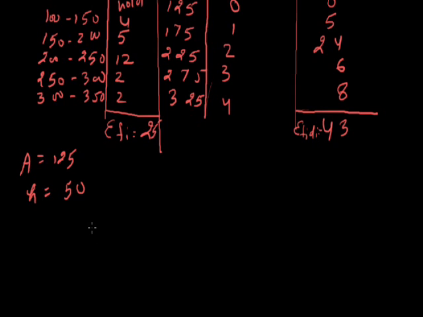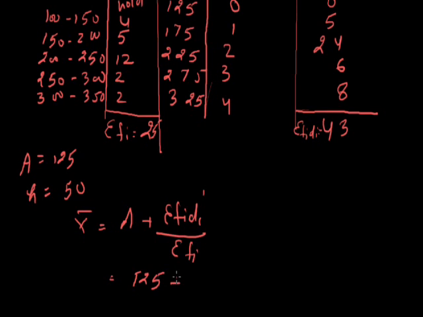Now x bar is a plus summation fi di dash upon summation fi, into h. So this is 125 plus 43 upon 25 into 50.